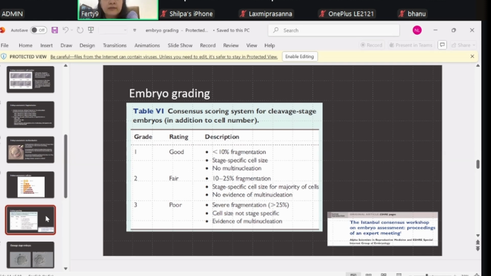Then grade 2, where the cell number is around 5 or 6 cell with a fair 10 to 25% fragmentation, stage-specific cell size, and no evidence of multinucleation. Then grade 3 embryos are poor, with severe fragmentation of more than 25%. The cell stage and cell size are not stage-specific, and we may observe evidence of multinucleation in this kind of poor grade embryo.